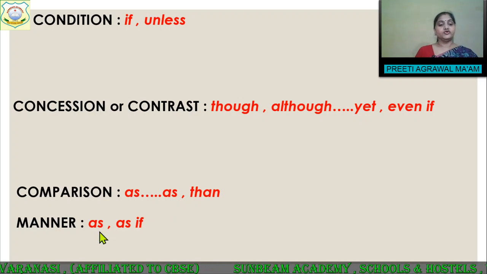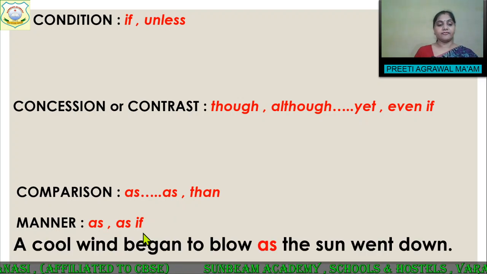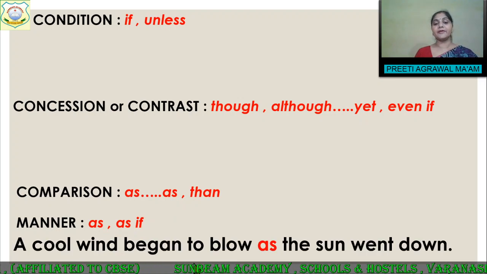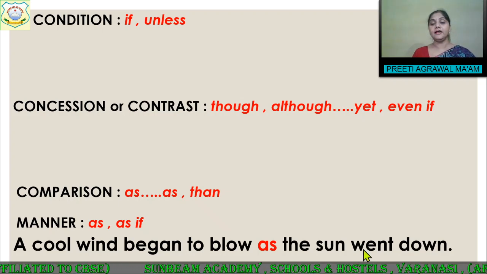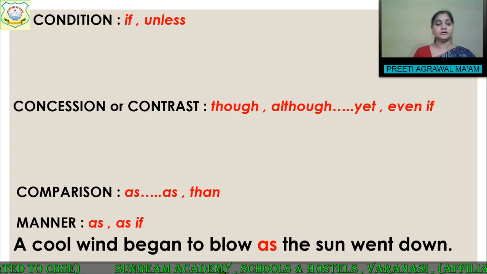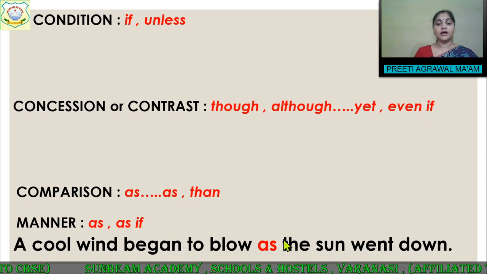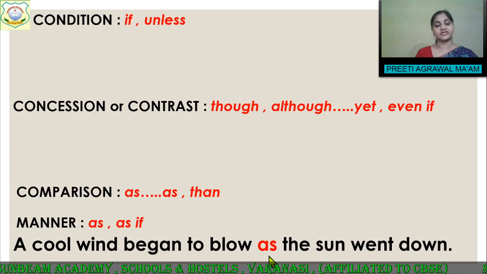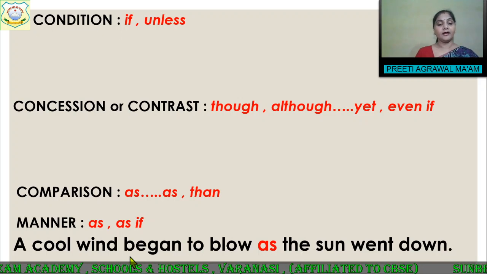For manner, you use as or as if. A cool wind began to blow as the sun went down. So this is your manner. What is the manner? That a cool wind began to blow.